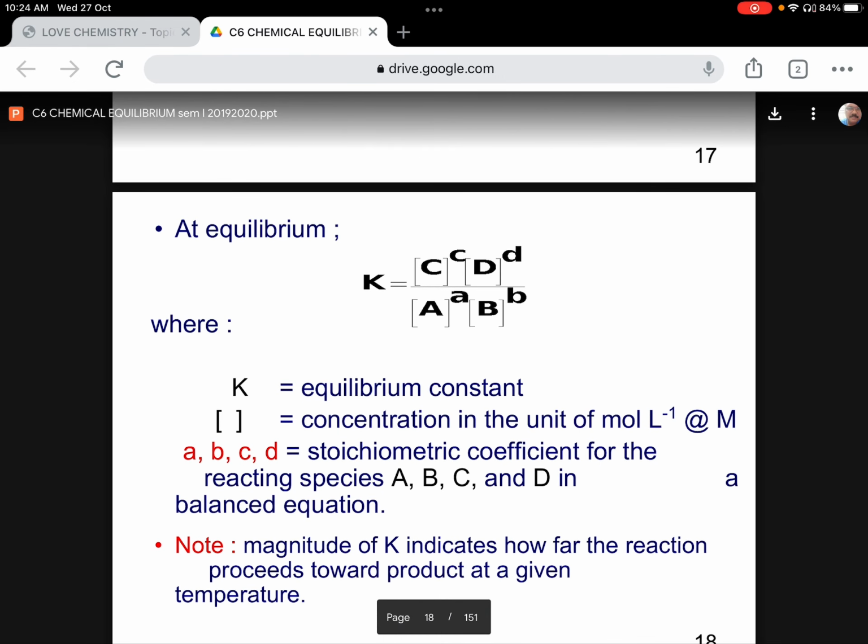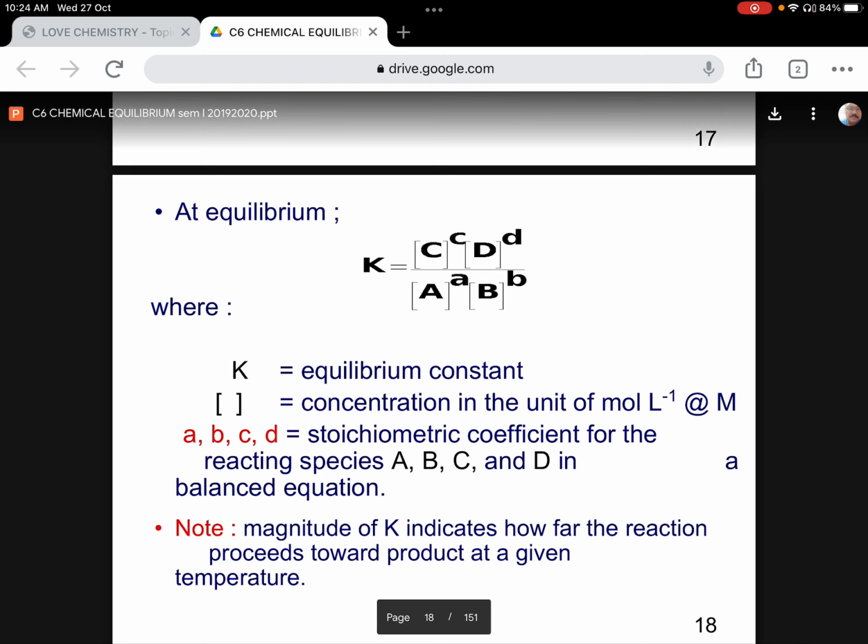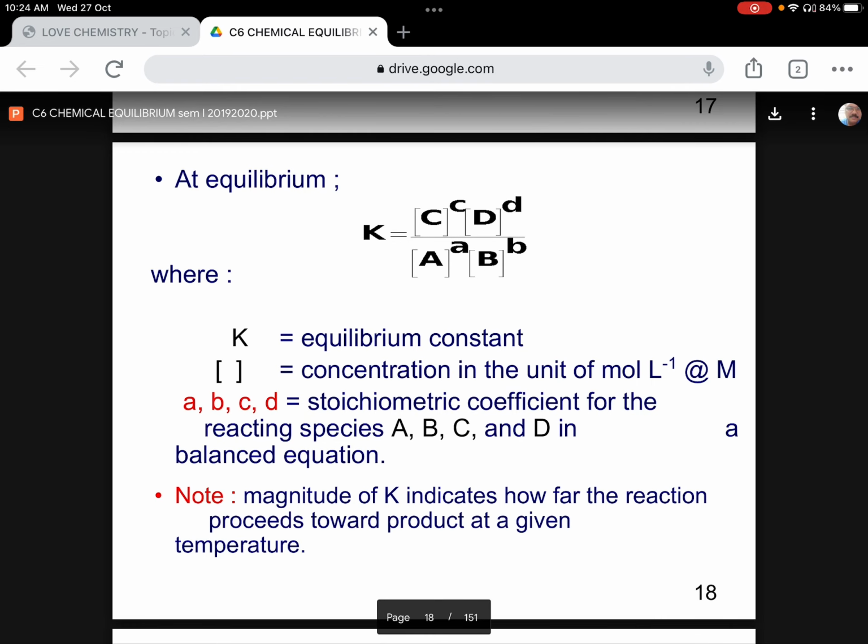Concentration is given in the unit molar. Please take note, the small case a, b, c, d refer to the stoichiometric coefficients for the reacting species A, B, C, D in the balanced equation. Note, the magnitude of K indicates how far the reaction proceeds toward product at a given temperature.